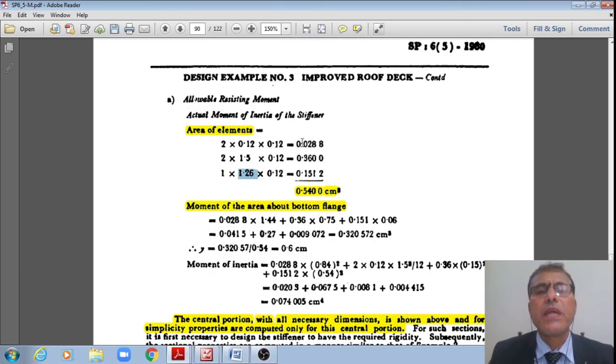Therefore it now works out, say, 0.0288 multiplied by 1.44, 0.036 multiplied by 0.75, because that 1.5 divided by 2 is 0.75, and 0.1512 multiplied by 1.12 divided by 2, say 0.06. Therefore the summation will now work out to 0.32 centimeter cube, right?